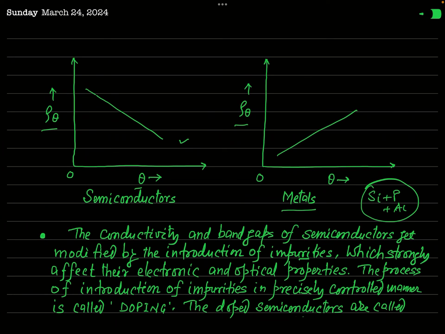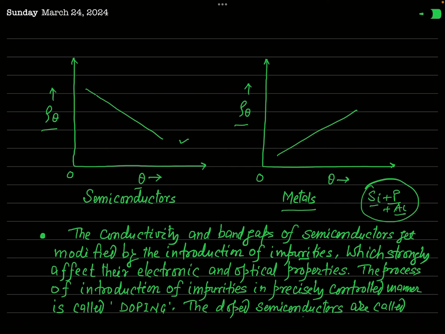When this pentavalent impurity P is added to this silicon, we will get N type semiconductor, and when this trivalent impurity is added, we will get P type semiconductor. All these things we will discuss in our forthcoming lecture. Actually, what happens when these impurities are added to the pure crystal is that the band gap is affected, the band gap decreases, and so conductivity increases.